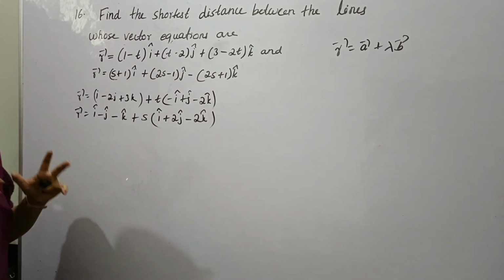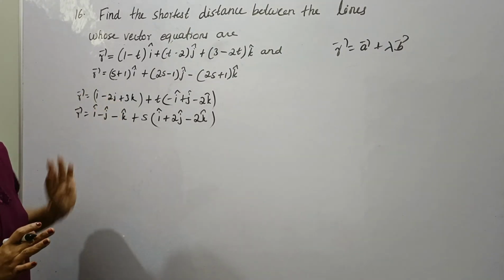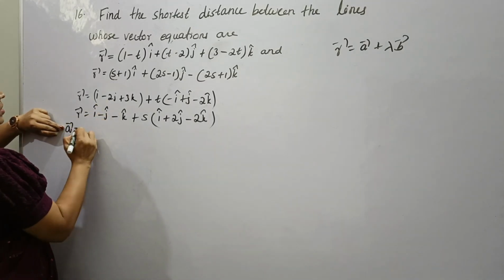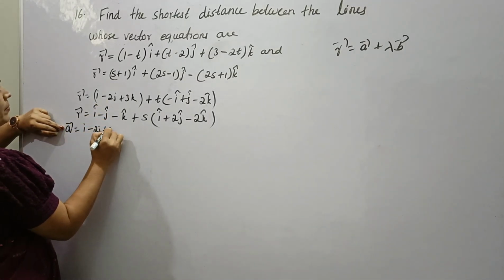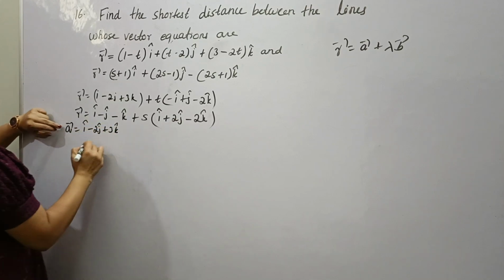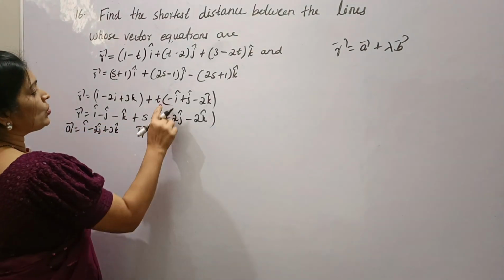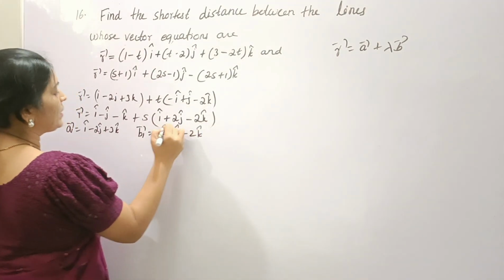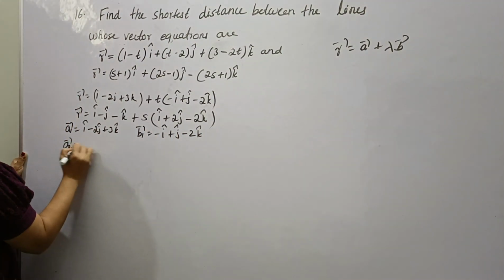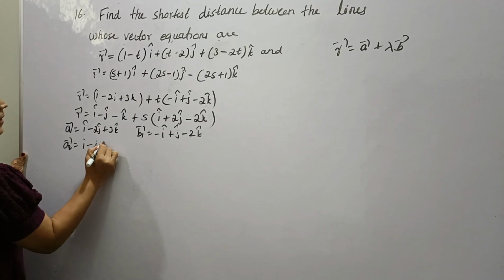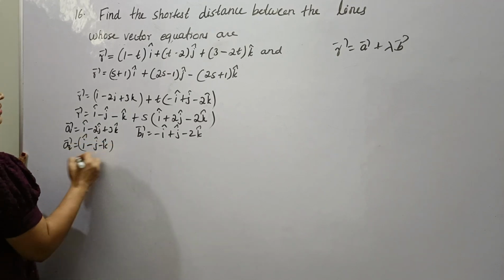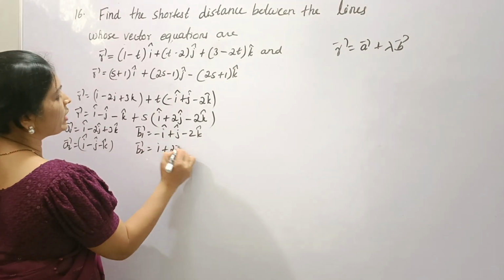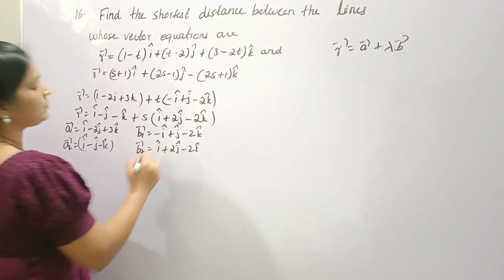Then we have to find the shortest distance between these two lines. So for that, let's write vector a1 is equal to i minus 2j plus 3k and vector b1 is equal to minus i plus j minus 2k and vector a2 is equal to i minus j minus k, okay, and vector b2 is equal to i plus 2j minus 2k.